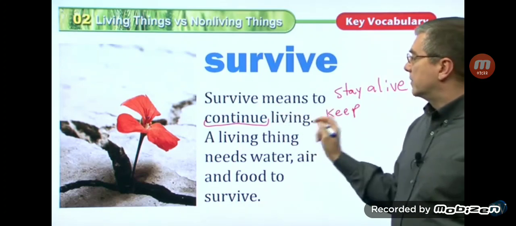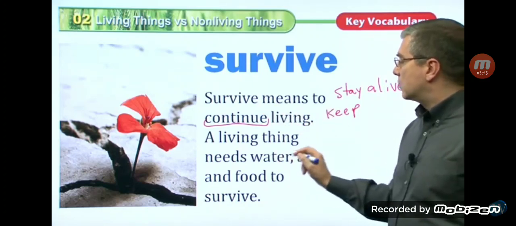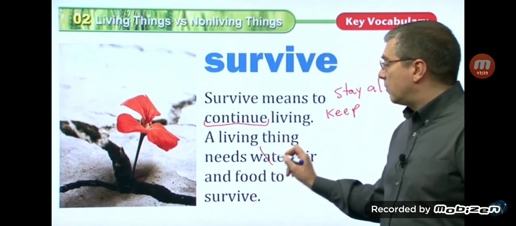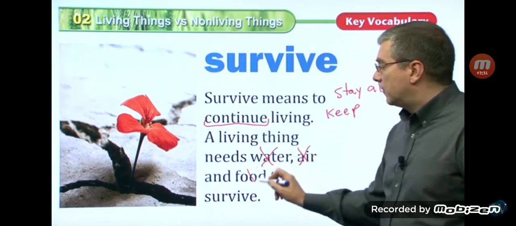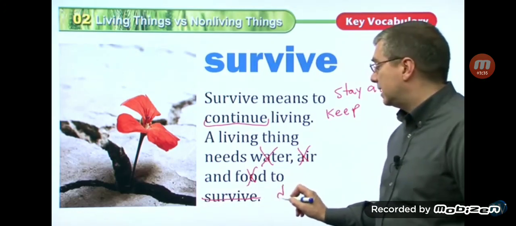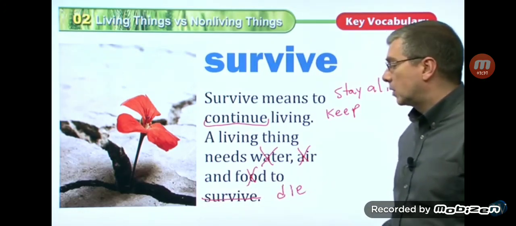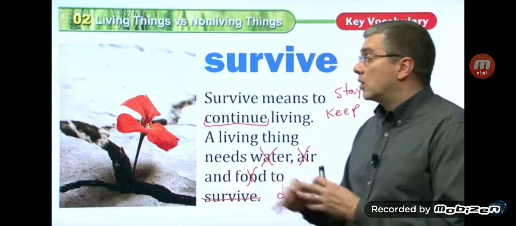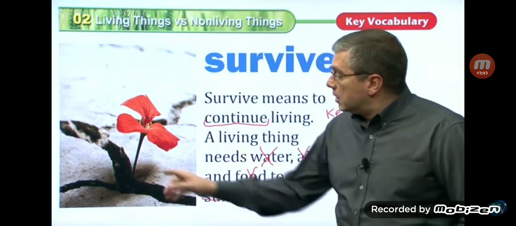So living things want to survive. A living thing needs water and food to survive. If they don't have water, air, or food, they cannot survive. In that case, they die.